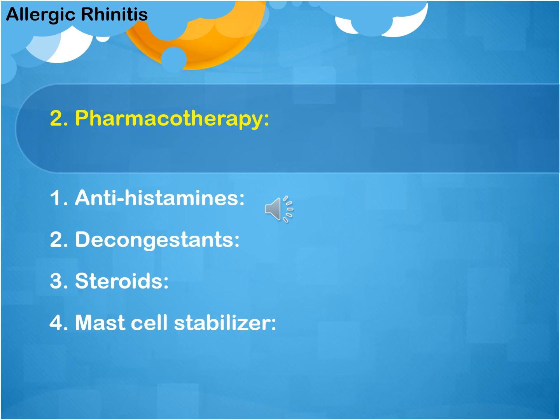Mast cell stabilizer is a drug that prevents the degranulation of the mast cell. It includes local drugs like chromoglycate, and systemic drugs like ketotifen, namely like Allerban or something. It's a very good drug, and it can be used in severe cases of allergic rhinitis.